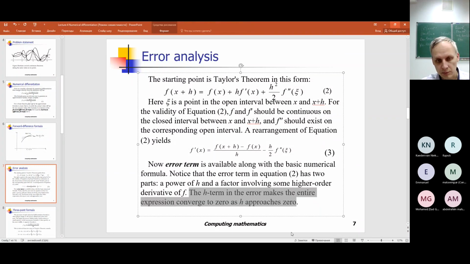The error term includes here h power 1, and it makes the entire expression converge to 0 as h approaches 0.